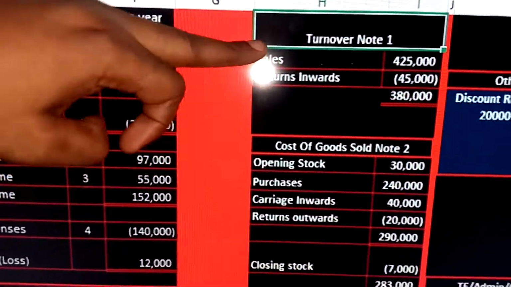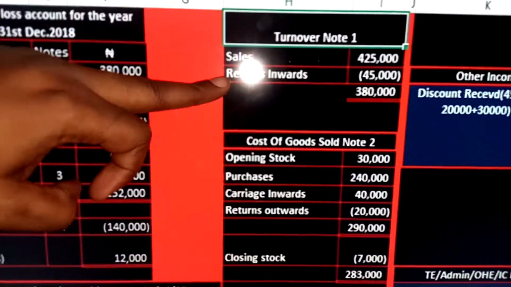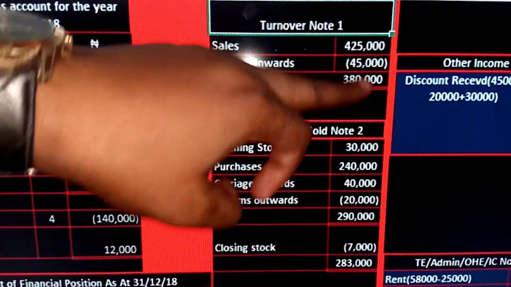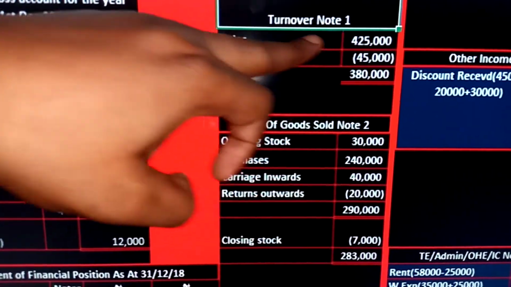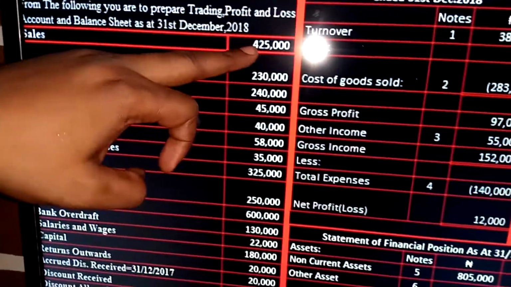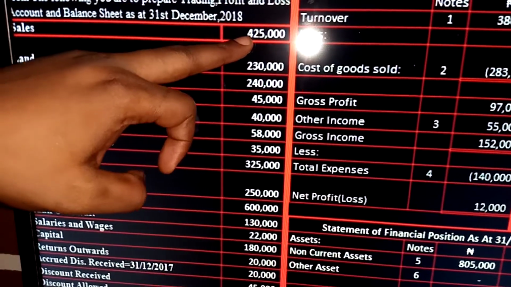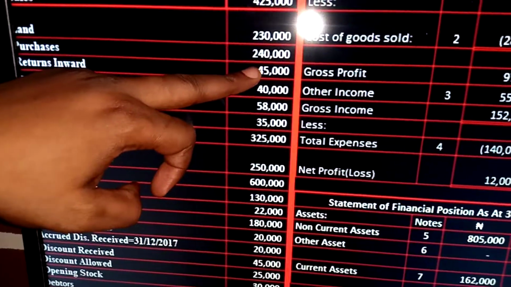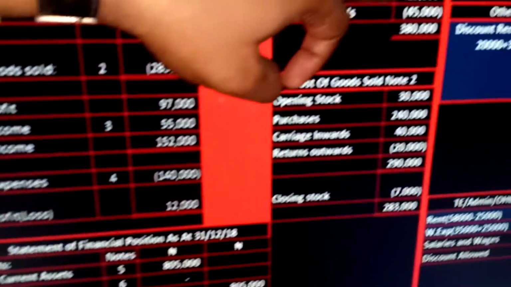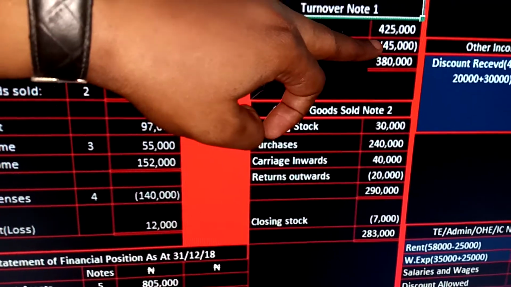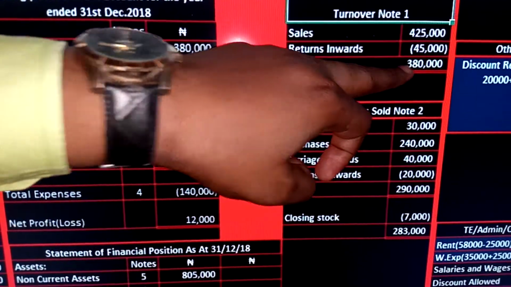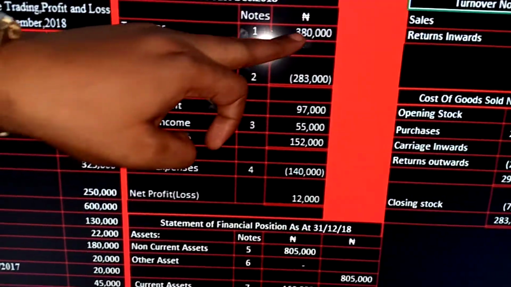We have sales and returns inwards. So sales minus returns inwards will give us 380,000. The sales is 425,000 here from the question. Returns inwards is 45,000 from the question. So note 1, 425,000 minus 45,000 gives us 380,000. That's what you're quoting here.